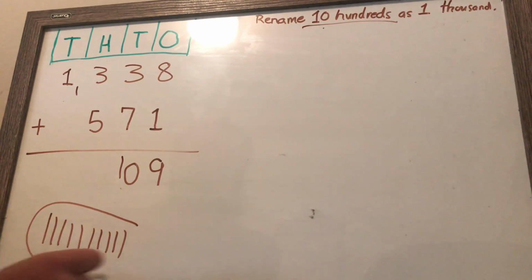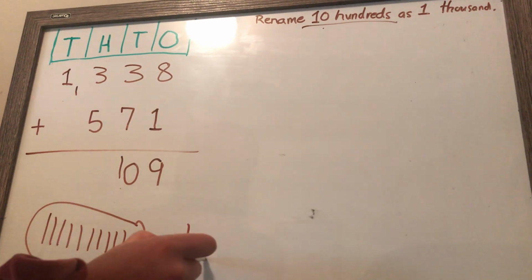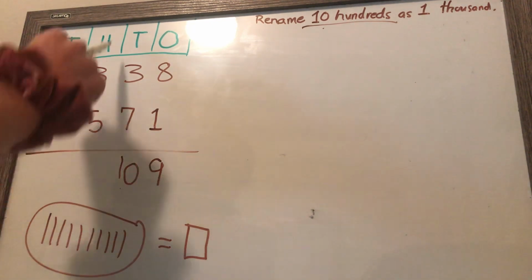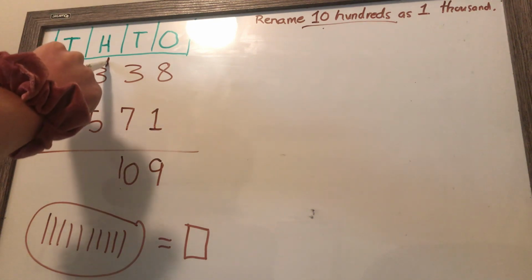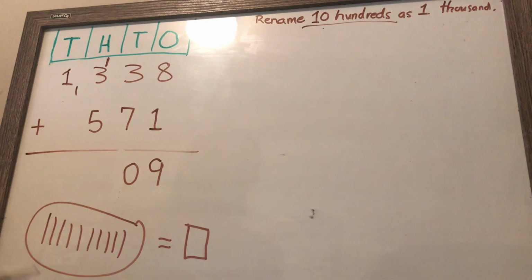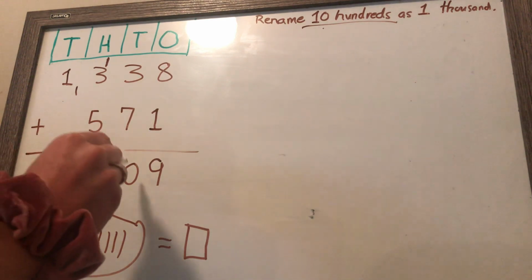And 10 trains is the same as 100. So we are going to rename 10 tens into 100. We're going to put our 100 up here, and we're going to take away that, and we have 0 tens left over.